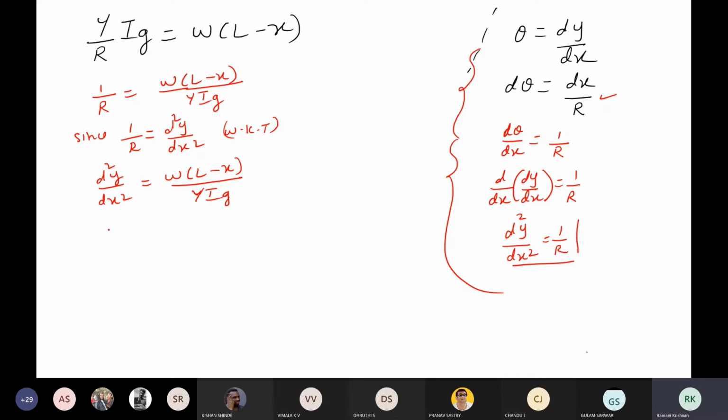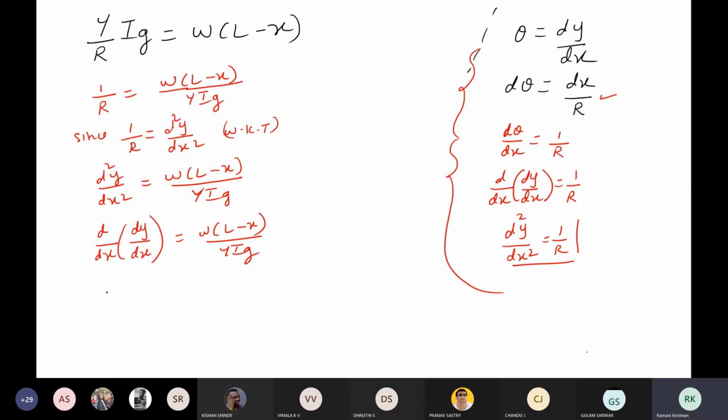Okay, students, let us continue. Can I write this as d by dx of dy by dx is equal to W (L minus X) by Ig? Both are the same, because I want to do integration.